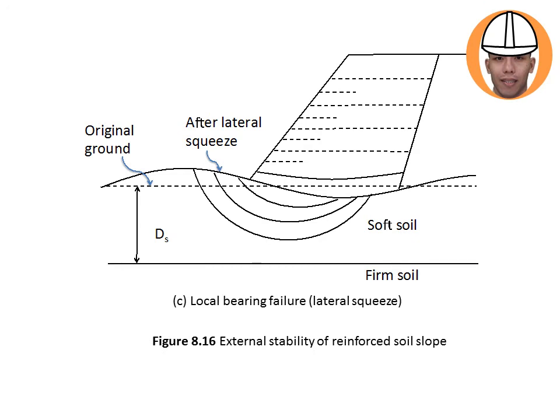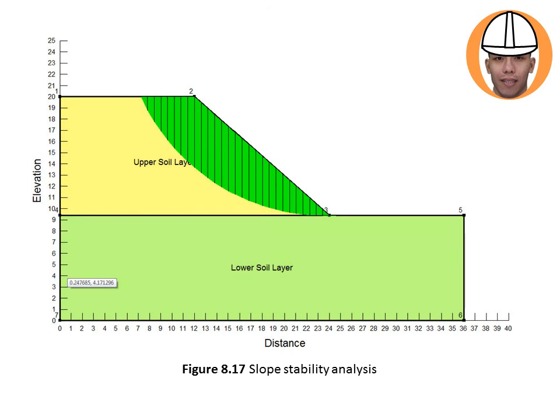Okay, so this one is the lateral squeeze, maybe because of the weight of this soil slope, and then the soil underneath is soft soil, so the tendency is when you squeeze here, it will have lateral squeeze somewhere here because of the weight of this reinforcing soil.